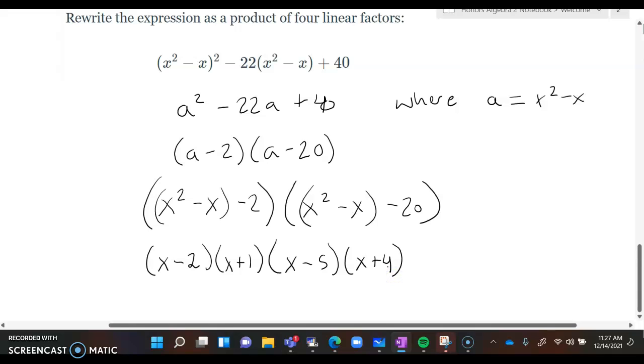So this quadratic form thing, ugly looking thing up top, turns into 4 linear factors once you've substituted in and then back in. That's it, right? So these are quadratic forms. They aren't actual quadratics, but they can be substituted so that they become quadratics. Then you substitute back in the expression that you took out and do any remaining factoring with what's there.